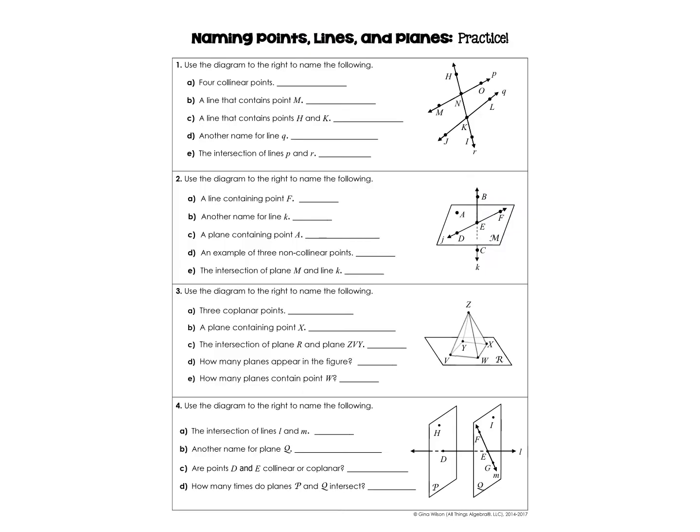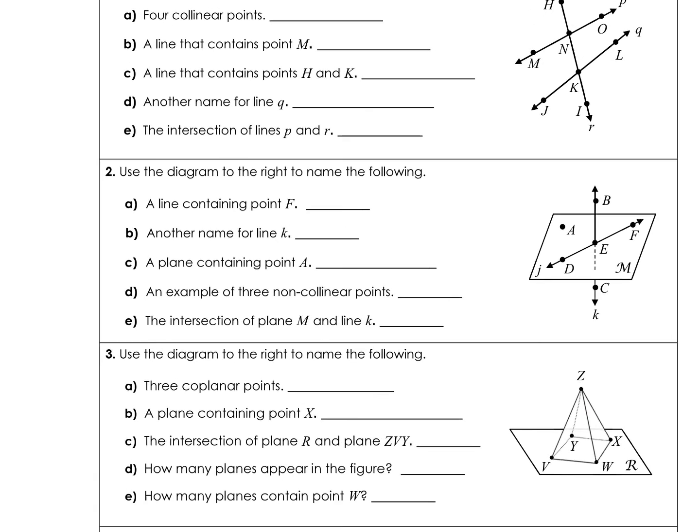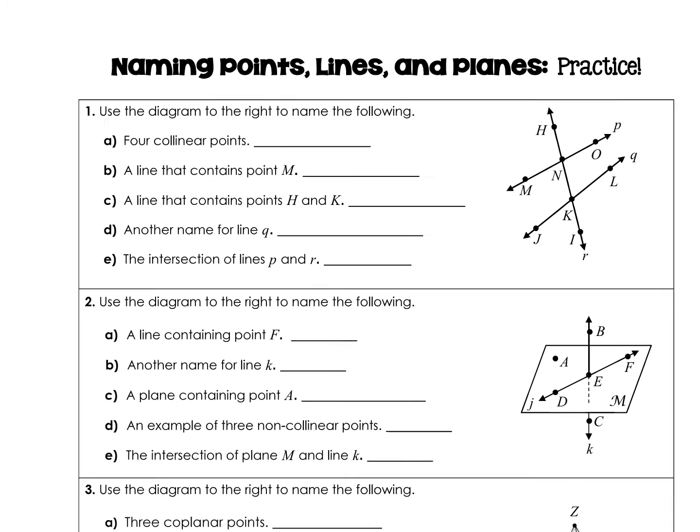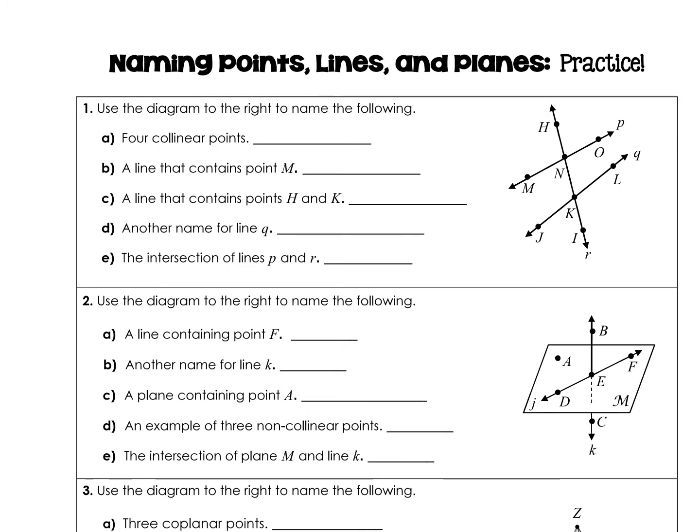All right, so on this page, it's important for me to say, before we get started, that some of these are going to have more than one answer. Okay, so I'm going to do my best to give you multiple answers, but just remember that you could potentially have something different from what I have.